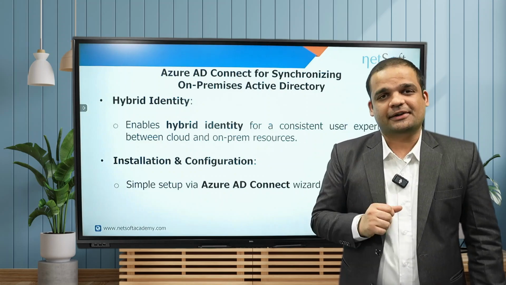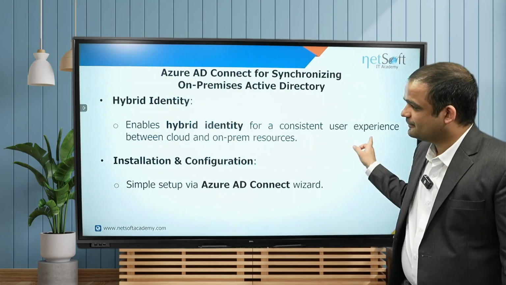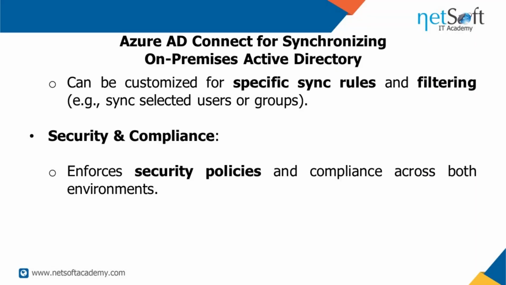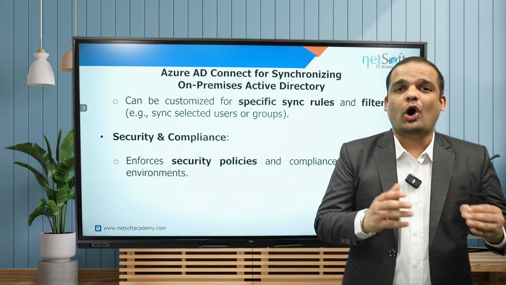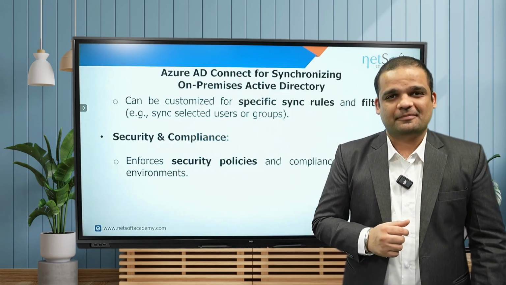You can also filter it. Security and compliance. Well, Azure AD Connect or Entra ID Connect enforce security policies and ensure compliance by synchronizing access control across both cloud and on-prem environments.